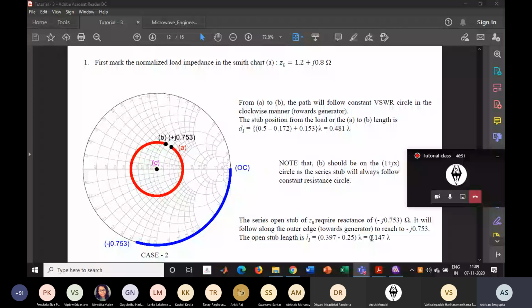So for a single impedance, you have two different matching networks, and you can choose any of the matching networks to match the impedance.